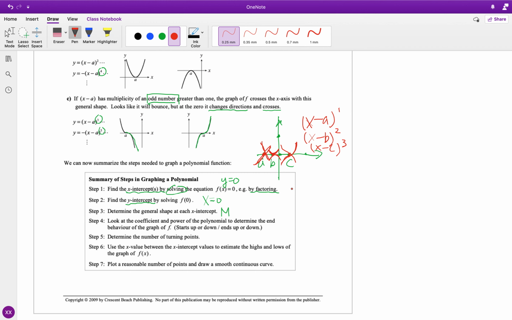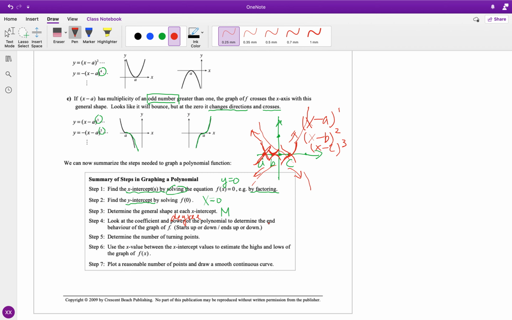So from here, you can sketch the x-intercepts, figuring the turns or the bounces, how it happens at the intercepts. Now we look at the coefficient and the degree of the polynomial. So then we know the end behavior is either going to be like that or like that, going from up here all the way down here, or going this way and all the way up there.